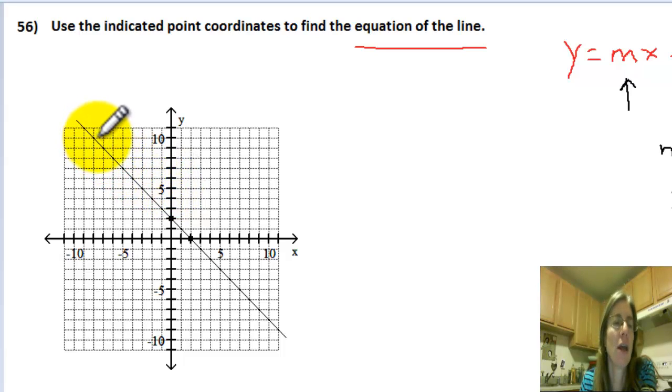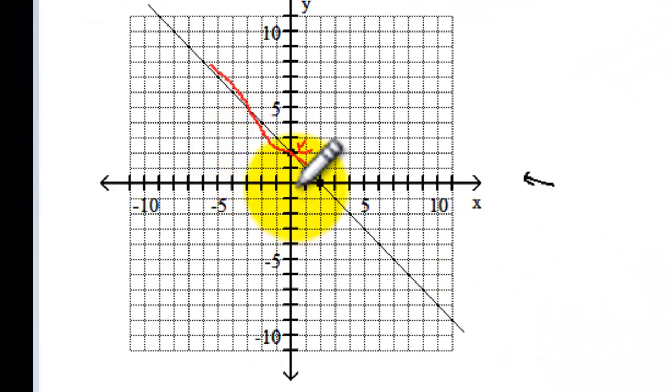So where this line crosses the y-axis, and this is the y-axis, this is the x-axis, that point right there is the point 0, 2.